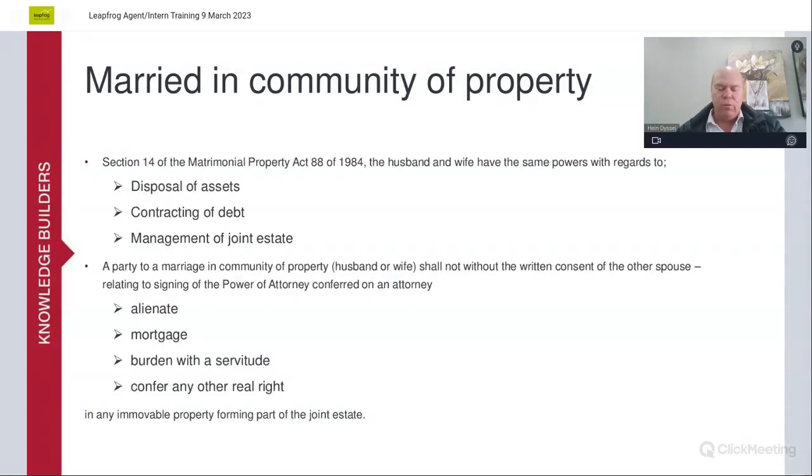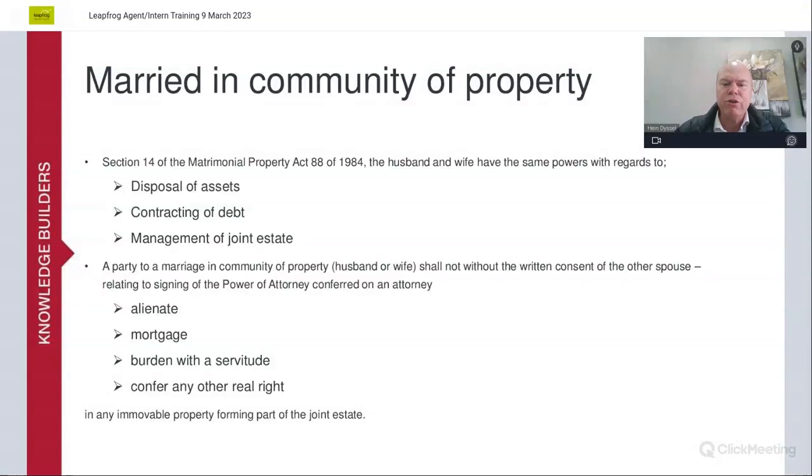So if we just first of all have a look at marriages in community of property. The thing to remember with marriages in community of property is you are seen as one person. So hubby and wife, you are now seen as one entity, one person. So yes, your rights with regards to how you manage the estate, you've got exactly the same rights. You can dispose of assets, you can sell assets, you can purchase assets, you can enter into contracts for debt, you can manage the joint estate.